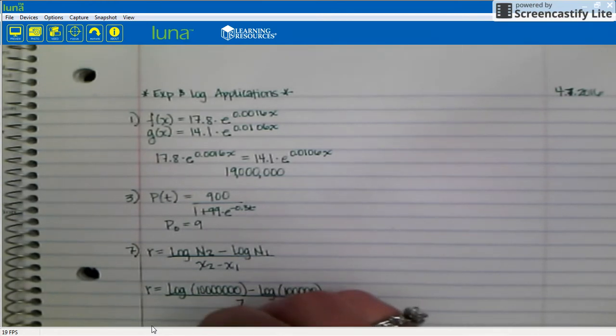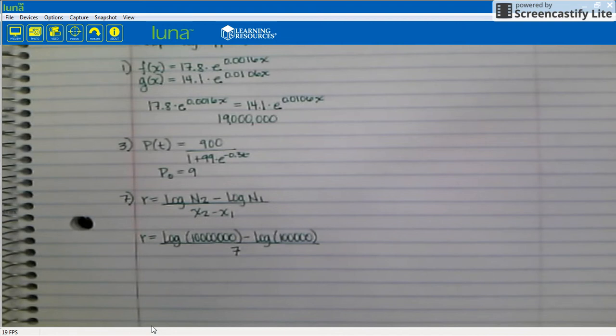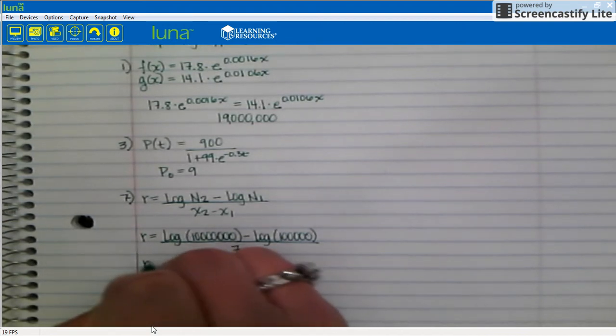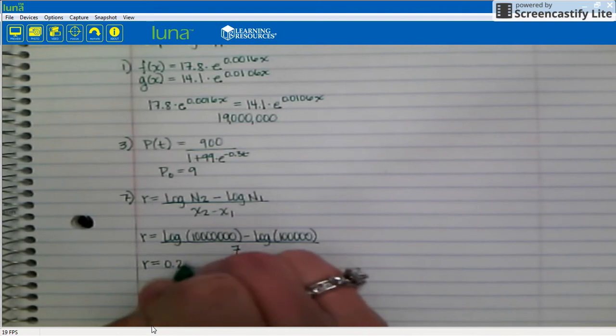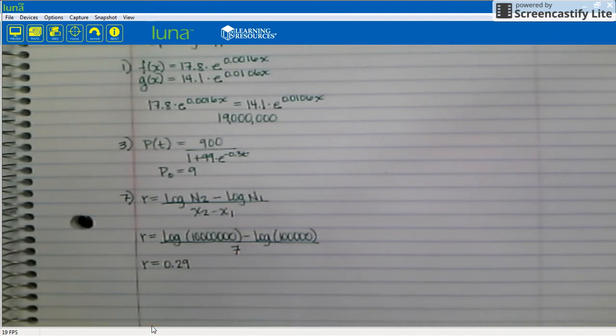So I'm going to divide this by 7. And when you put this into your handy dandy calculator and let your calculator do all the work, you're going to end up with R is equal to 0.29 when we round to the nearest hundredth, which means our growth rate is 29%.